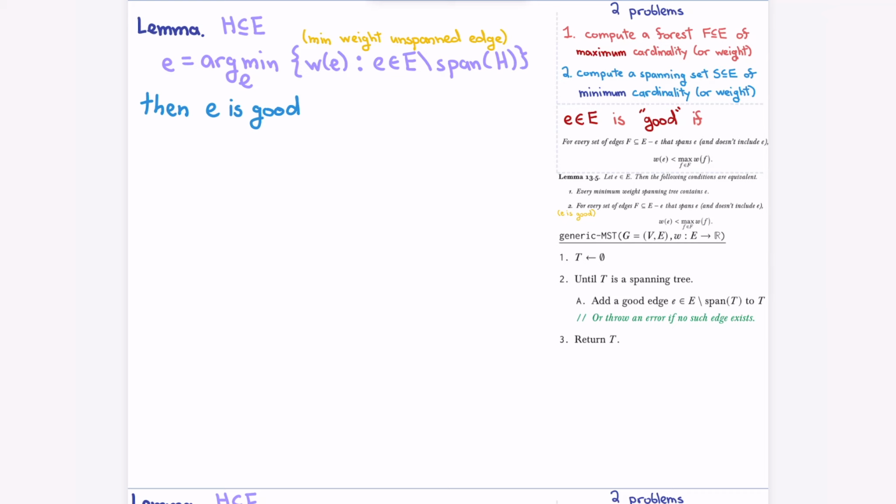It says pick any set of edges H, which could have been the first two edges we've taken or something, right? And they span some edges. Look at the remaining unspanned edges. The claim is that the minimum weight unspanned edge relative to whatever set H is always going to be good.